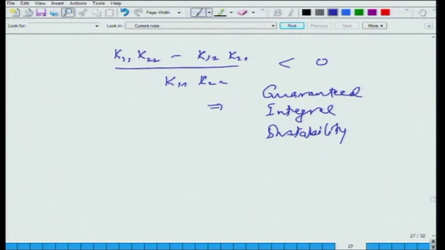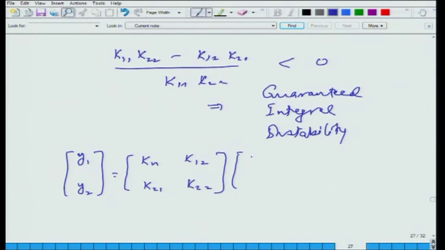Now, if you look at the input output relationship, I was trying to control y1 using u1, so this is y1, y2 equals the matrix k11, k12, k21, k22 times u1, u2. So if you look at this metric, what is it? It is actually the determinant of the steady state open loop gain matrix divided by the diagonal terms.